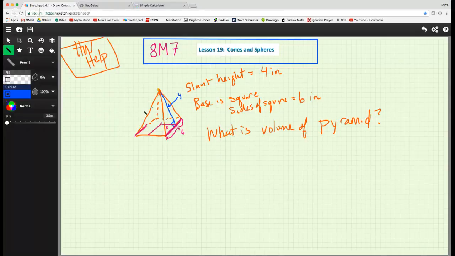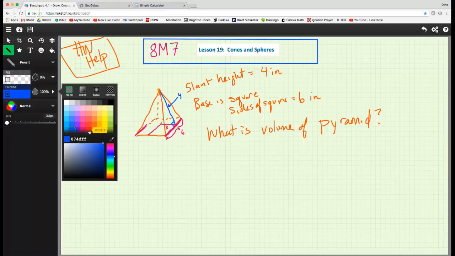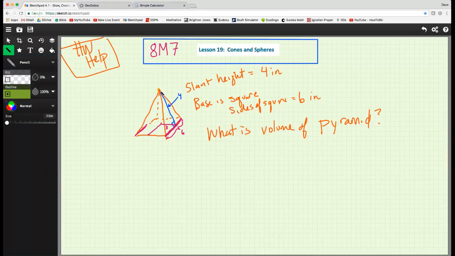So now we can draw our final piece of this triangle, which is another right triangle, and we have this triangle here. And so we have a right triangle, and now we can find the height. Right?